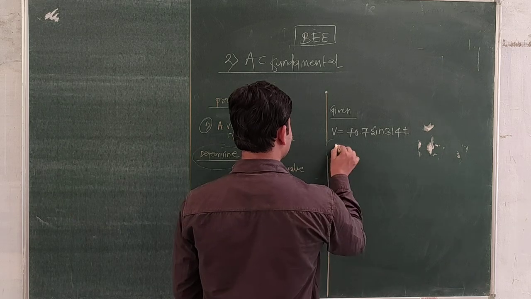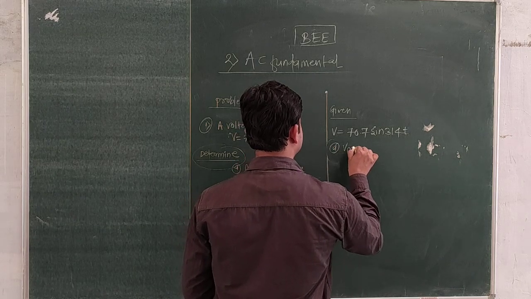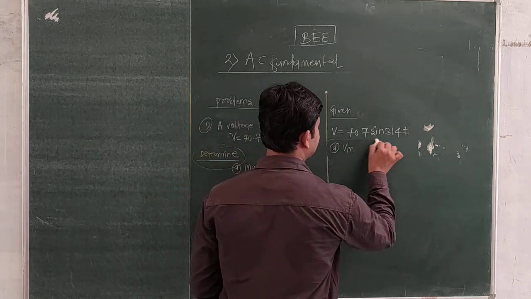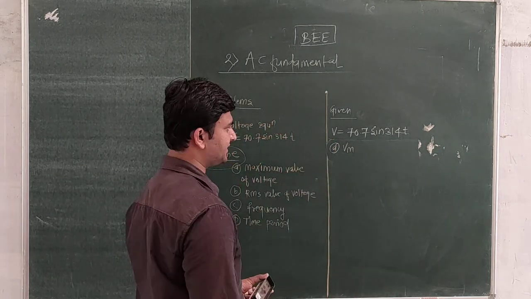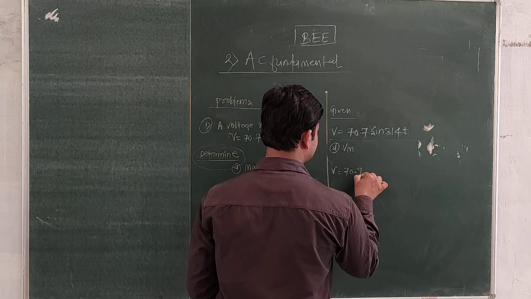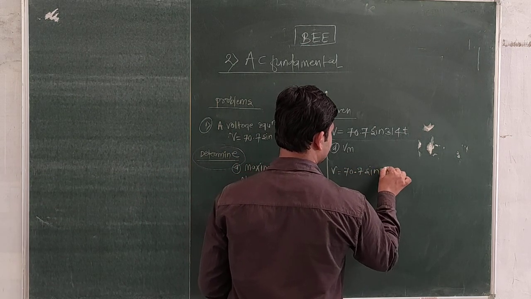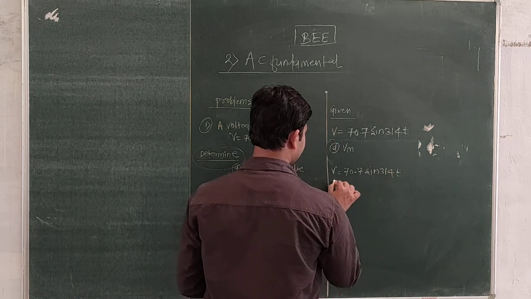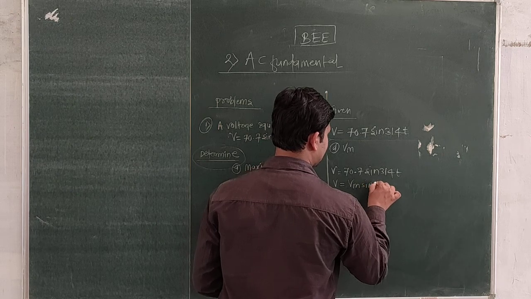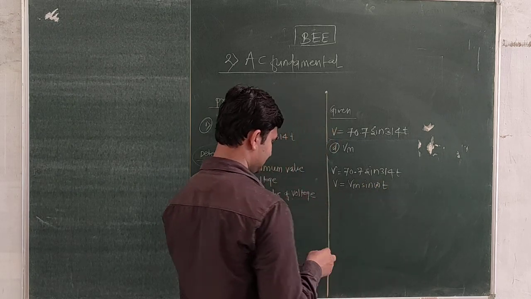First, we will determine Vm, that is the maximum voltage. Compare the given alternating quantity, V is equal to 70.7 sin 314 t, with the standard one, that is Vm sin omega t.